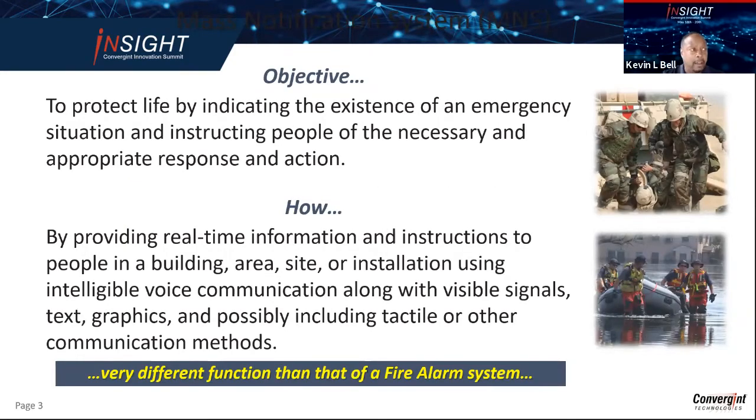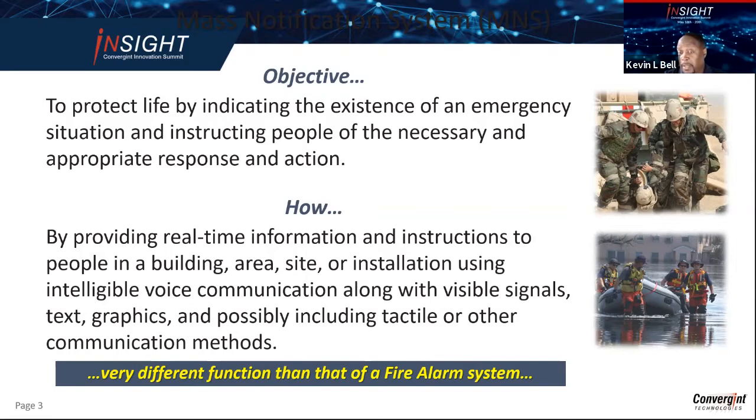So the objective of mass notification is to protect life by indicating the existence of an emergency and instructing people on the necessary and appropriate reactions and how to respond to a situation. How we do that is by providing real-time information and instructions to people in buildings, people outside, people in installations, and you do that through intelligible voice communication along with visible signals.